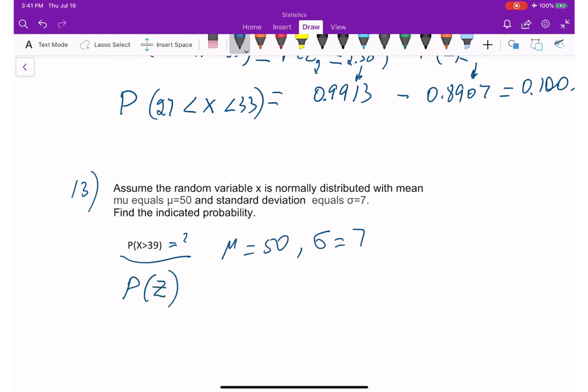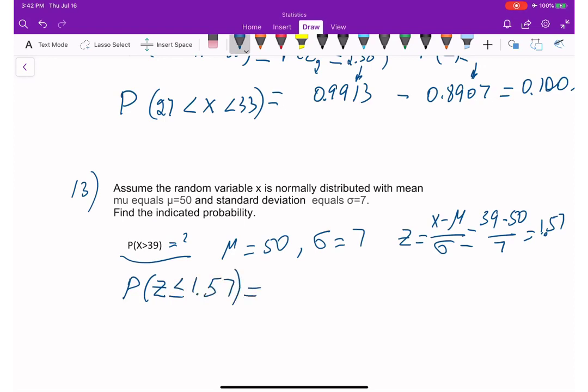Z-score here is equal x minus mu over sigma. x is 39 minus 50 divided by 7, we get negative 1.57, and then probability of z-score less than or equal 1.57.